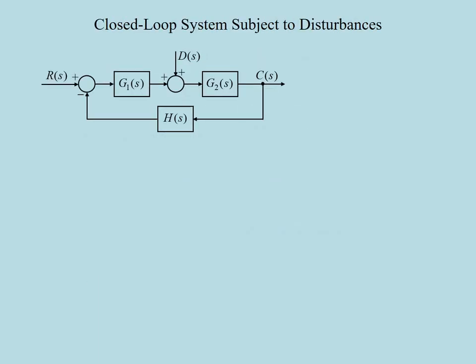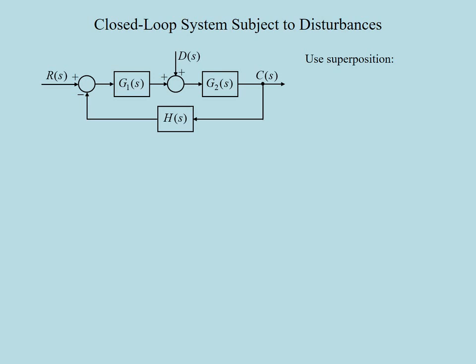Next, we will analyze a block diagram where we have two inputs, namely the reference input R and the disturbance D. Since this is a linear system, we can obtain the output C of s using the superposition principle.